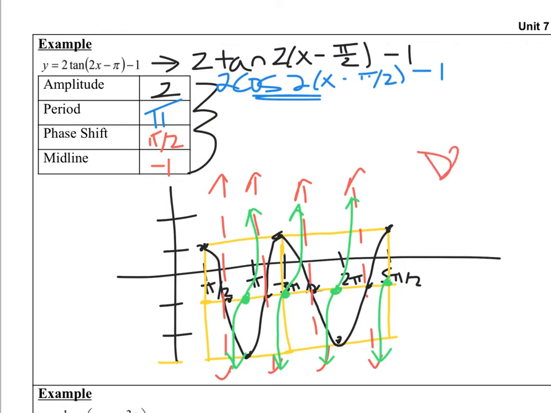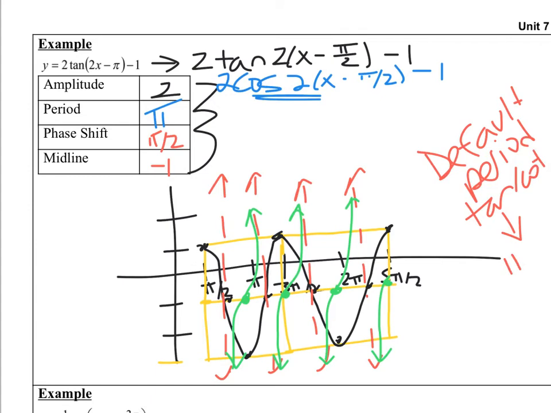So my default period for tangent and cotangent is pi. So if I want to know my period for this function, I would do pi over the b in my equation, 2.